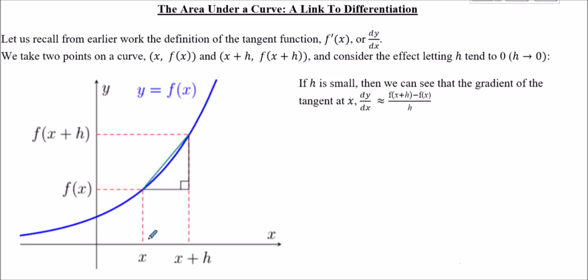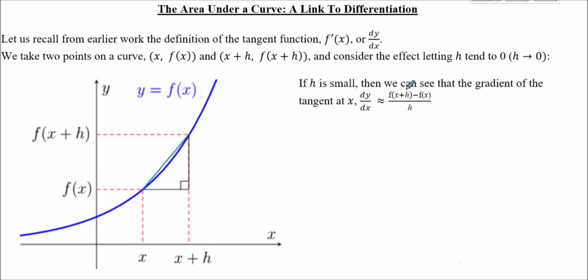And so we can see the 2 different points for x and x plus h, and the corresponding change in y, when x is x, y is f of x, where x is x plus h, the corresponding y-coordinate is f of x plus h.